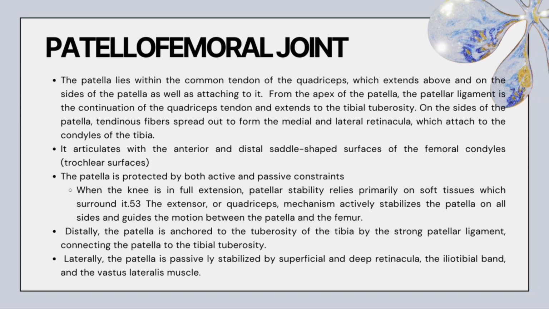The patella also receives additional stability from its surrounding structures. Distally, the patella is anchored to the tuberosity of the tibia by the strong patellar ligament. The dense, fibrous medial and lateral retinacula as well as muscle anchor the patella on each side and also aid in stability.